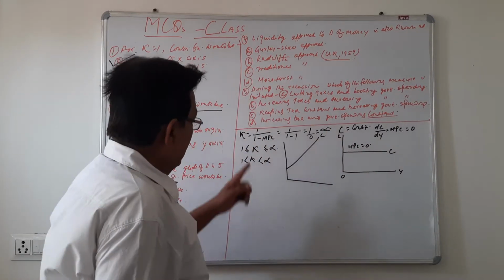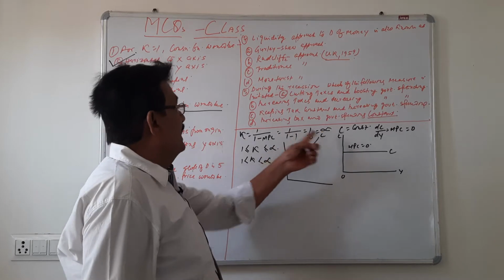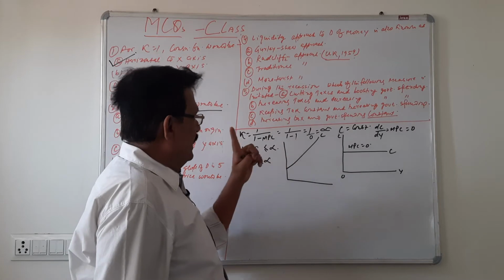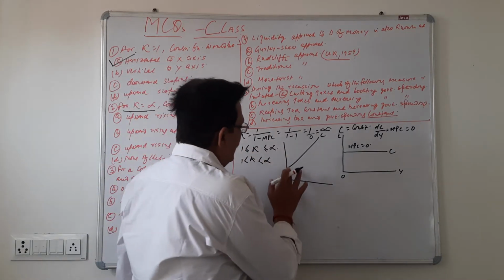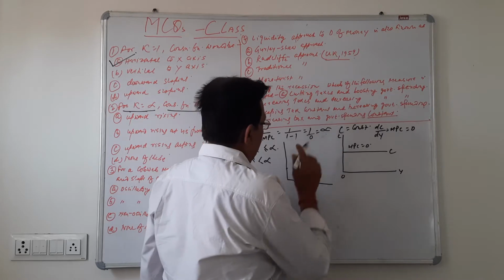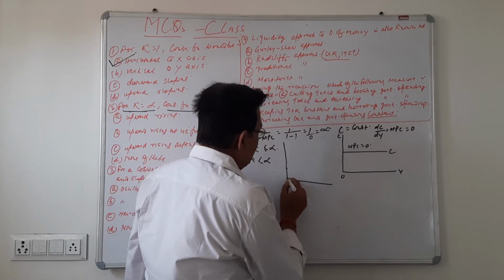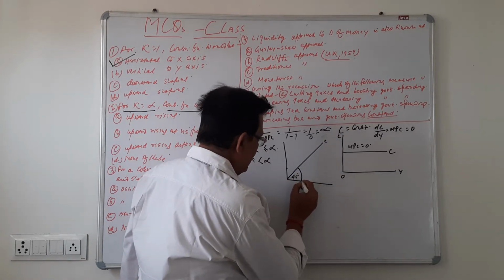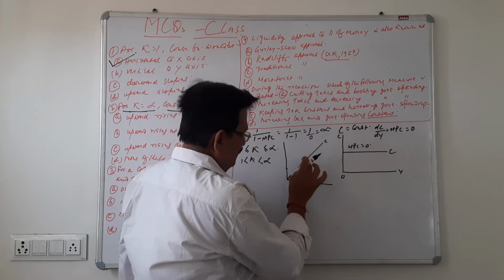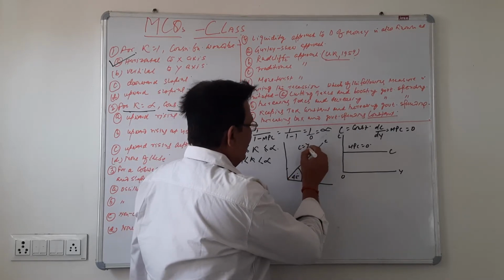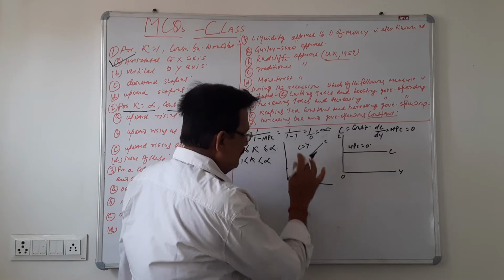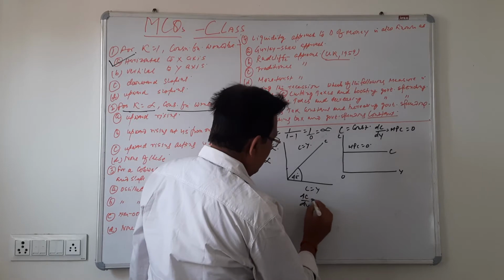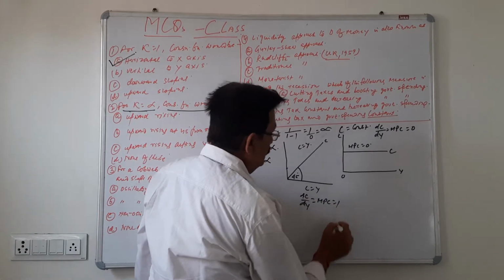So the consumption function conforming to the infinity multiplier should be such that its MPC is exactly 1, and for that it must originate from the origin at the 45-degree line at each point of this curve. C is y, since it is 45 degree, so dC by dy, that is MPC, is 1.